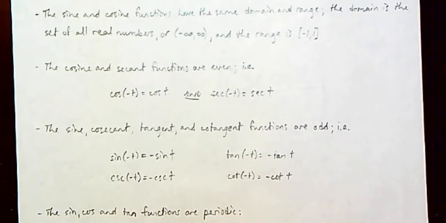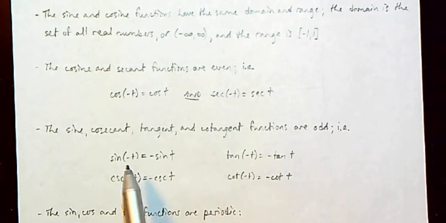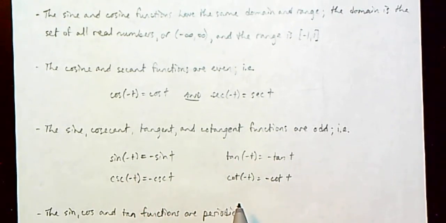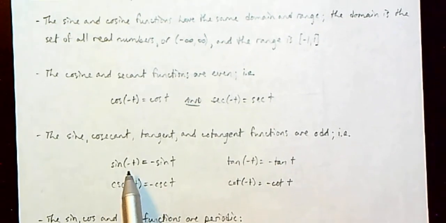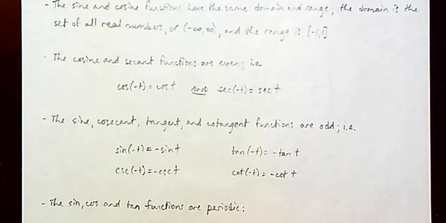The other 4 functions are all odd: sine, cosecant, tangent, and cotangent. So if you have sine, cosecant, tangent, or cotangent of minus t, you can take that minus sign and pull it out front, and you have minus sine t or minus tan t or so on and so forth.